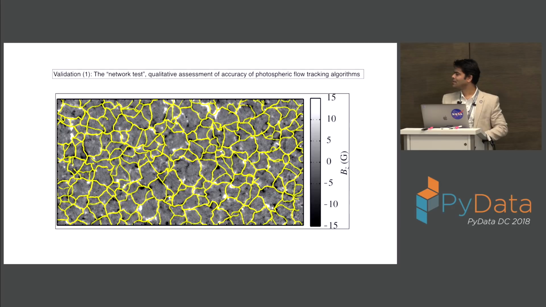And if you plot the boundaries of the supergranules that you get from the velocity flow field, and I'll show you later how we do that, you have a qualitative assessment of the accuracy. So if you have these lanes that correspond to where the magnetic flux is meant to converge, if they do not line up with the high concentration of flux, for example here, see at the top, if they don't line up with that, you may have made a mistake.